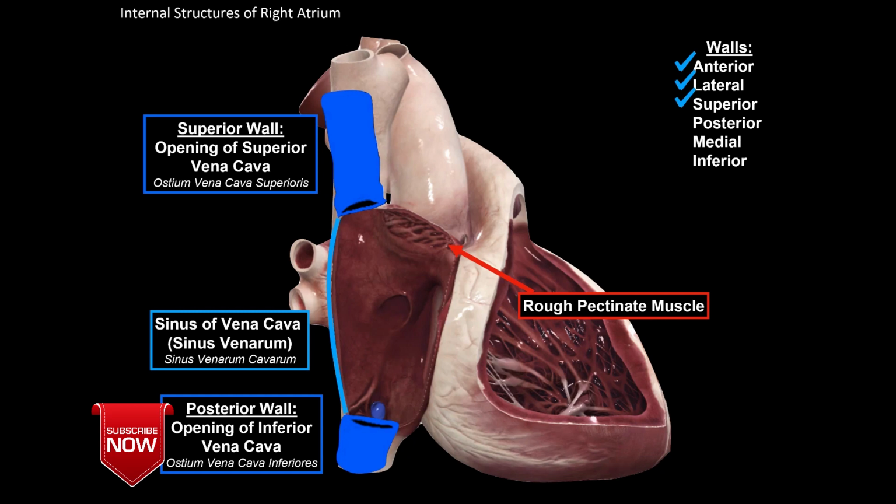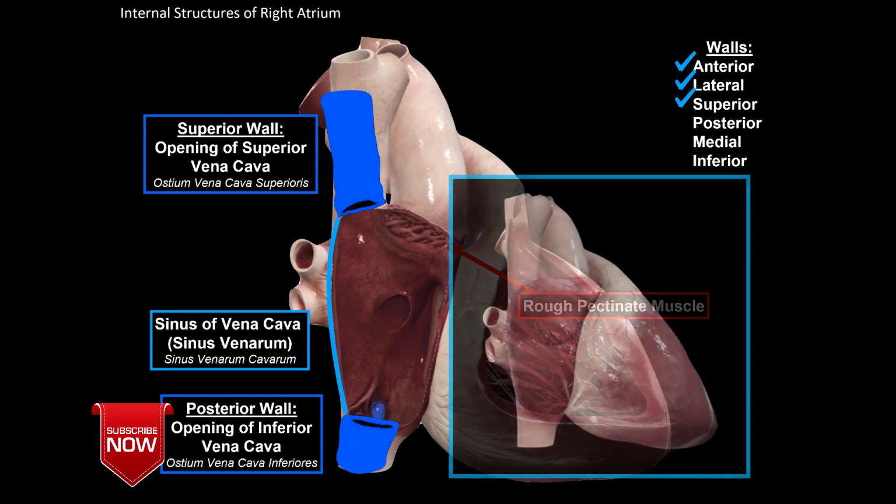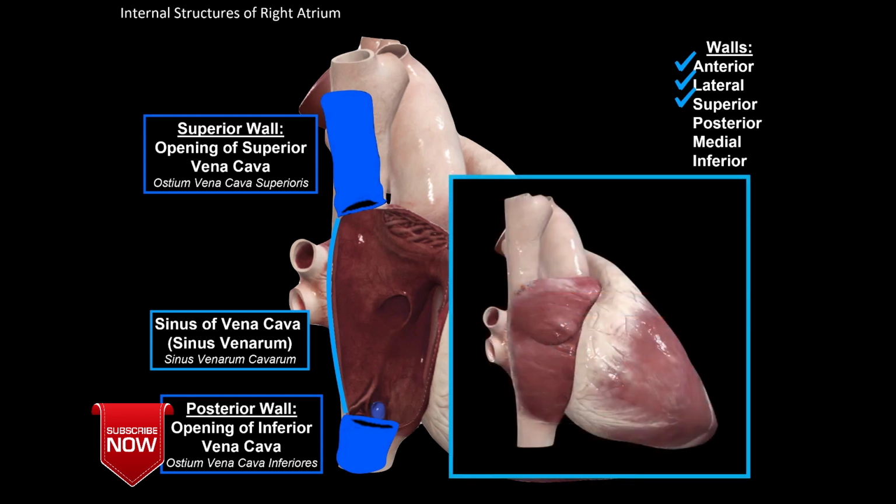Now there's a line that separates the pectinate muscle and the sinus venarum, and if you look at the outside of the lateral wall again, we have a crest called the terminal crest that separates the transition between the pectinate muscle and the sinus venarum. So that's mainly how we distinguish where the sinus venarum is and where the pectinate muscles end.